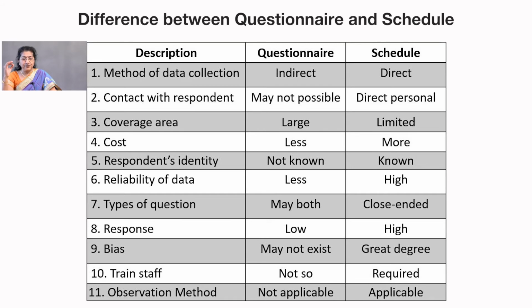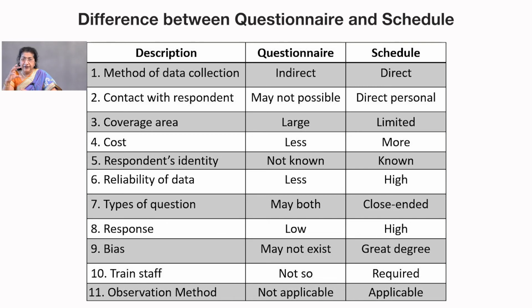Another point is the type of question. In a questionnaire, you can use both types of questions, open-ended or close-ended, while in the schedule method it is always close-ended questions. Then response: in a questionnaire it is very low, while in a schedule it is comparatively high.